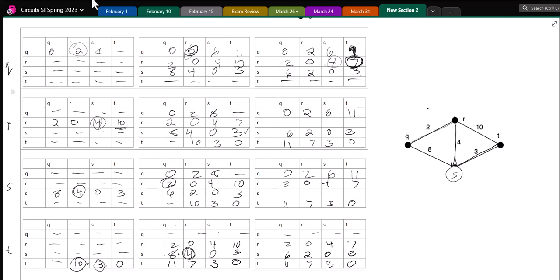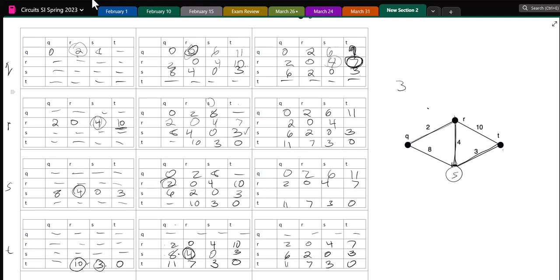Okay, so 2 is not going to get smaller than that, and 0, and 4, is that going to get smaller? No. And 7, well, let's see. Let's check s. To get to t from s costs 3, and how much does it cost us to get to s?